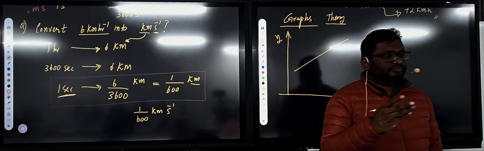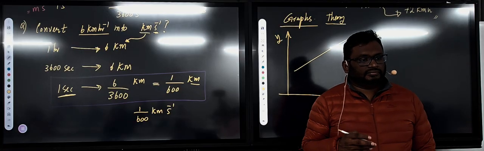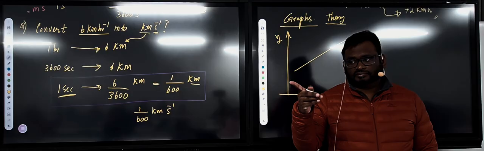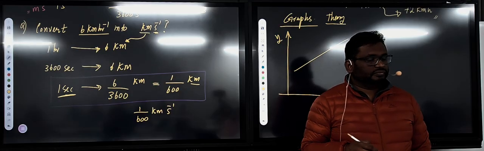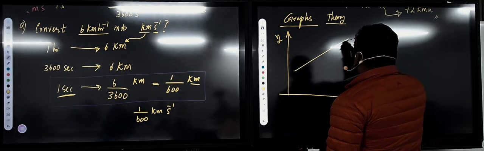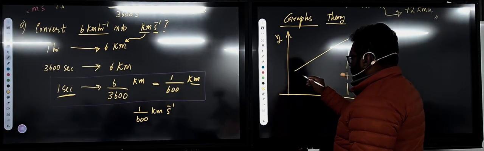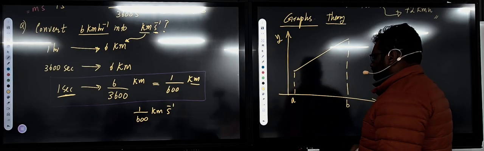What else? Equation of the line. Yeah. The gradient. Yeah. So when you have a line like this, obviously you have these two boundaries.